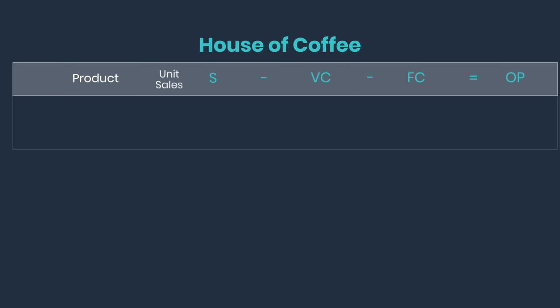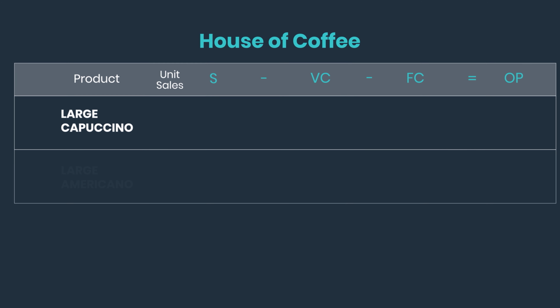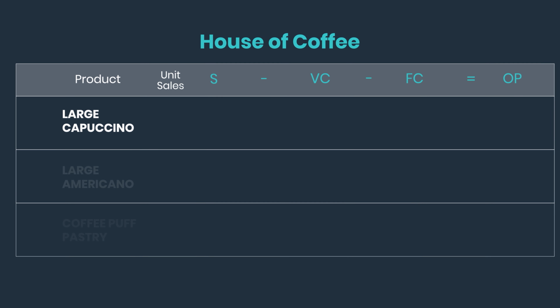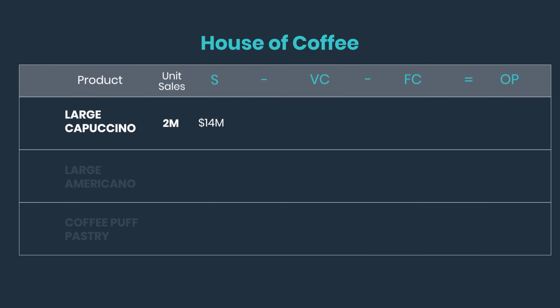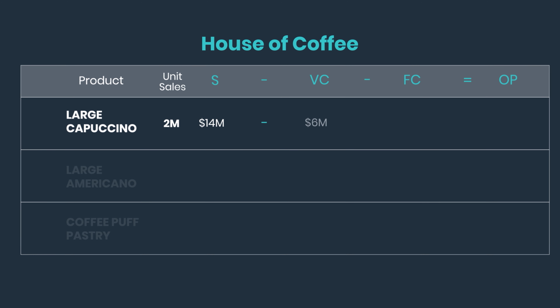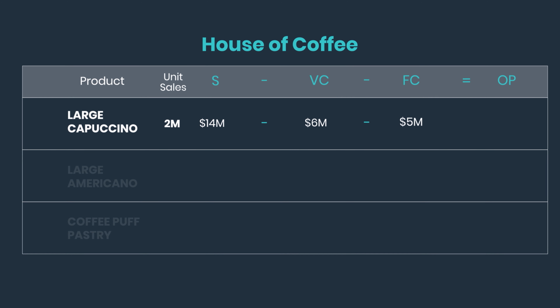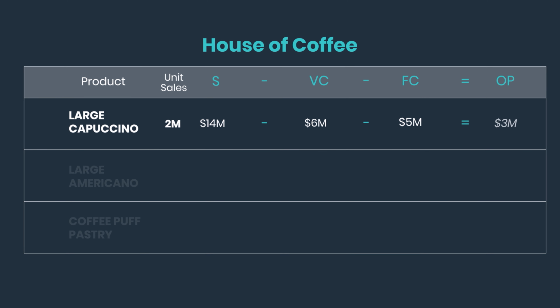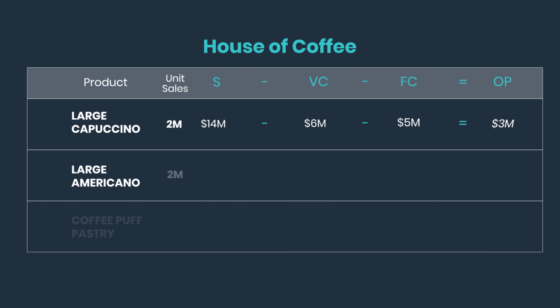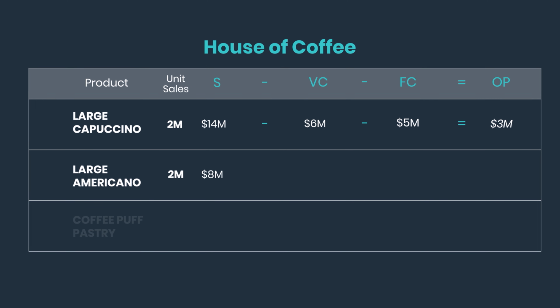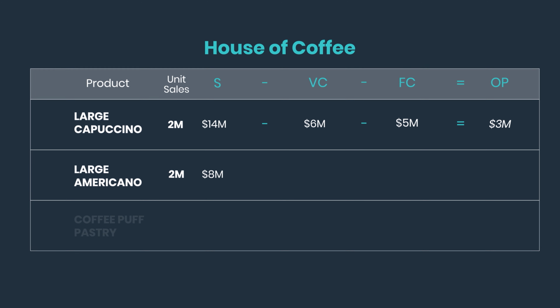So let's hone in on the operating profit associated with each product at a sales level of 2 million units. It shows that the large cappuccino turns into $14 million in sales minus a $6 million variable cost and a $5 million fixed cost, resulting in an operating profit of $3 million. The large Americano makes $8 million in sales, so how much is the operating profit?